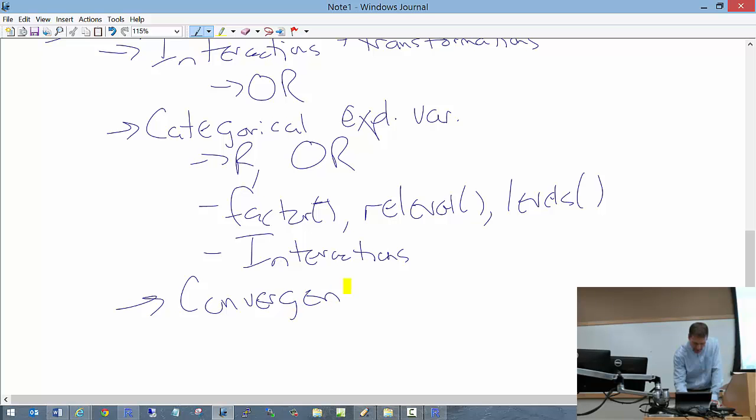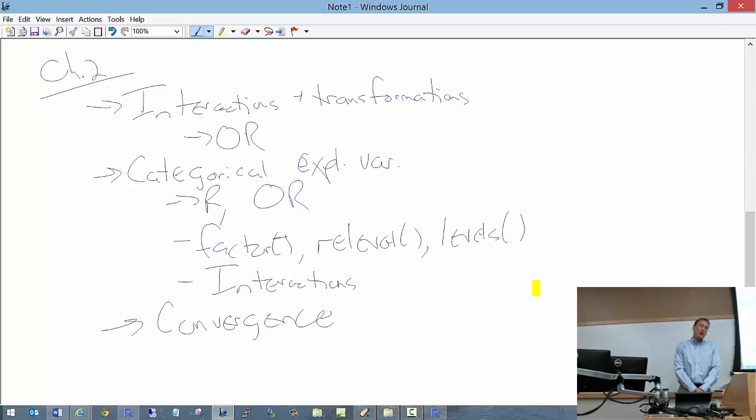Then we started talking about convergence. Now, generally speaking, we don't have problems with convergence, but a problem can occur. What should be the first thing that you do? Well, increase the number of iterations. What would you look for if perhaps R said convergence did occur, but maybe it didn't?